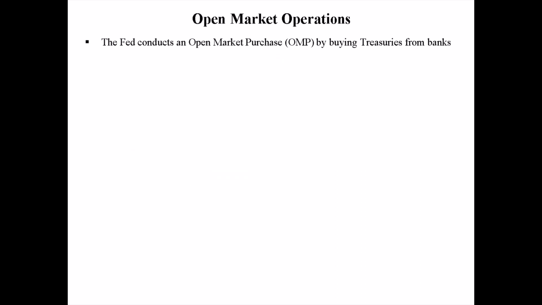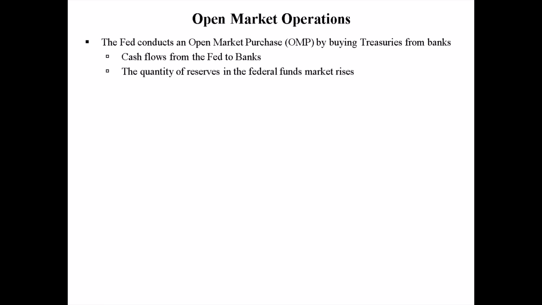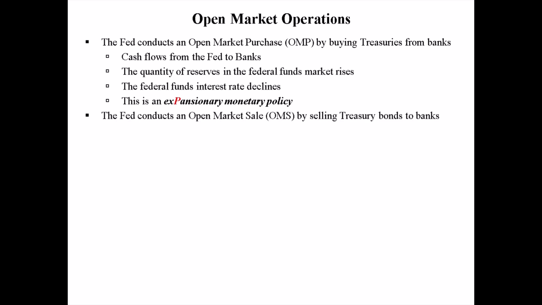Okay, what about an open market purchase? Cash flows from the Fed to banks because the Fed is buying bonds from banks, treasuries. So the quantity of reserves in the federal funds market increases. The federal funds rate, interest rate, decreases. And this is called expansionary monetary policy. Open market sale is just the opposite.